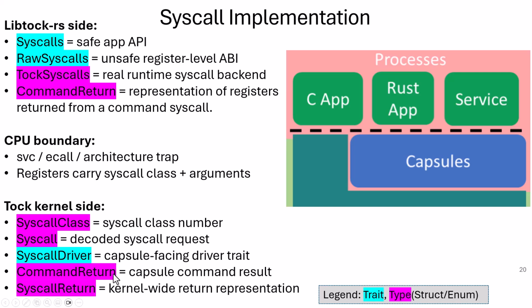And when it's returning back, this command return is not the same data type as the other command return, but it's used functionally the same, to return the command values back to the caller, which happens to be in this case libtock-rs. Although again this could be C or some other app. And then there's also the syscall return, which is another type. You can look in the code to learn more about these, and we'll see more of these as we go through this.